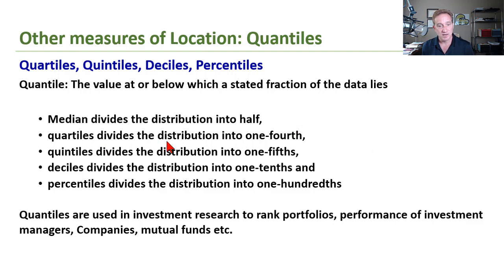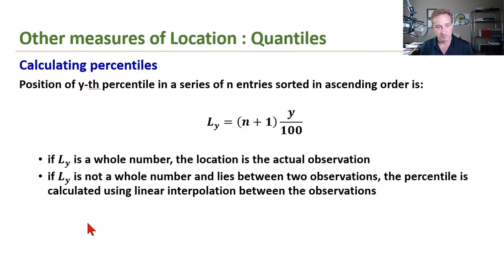The quartile divides the distribution into 1/4, so that's 25, 50, 75. Quintiles divide the distribution into 1/5. Deciles divide the distribution into 1/10, and percentiles divide the distribution into 1/100. Quantiles are used in investment research to rank portfolios, performance of investment managers, companies, and mutual funds.